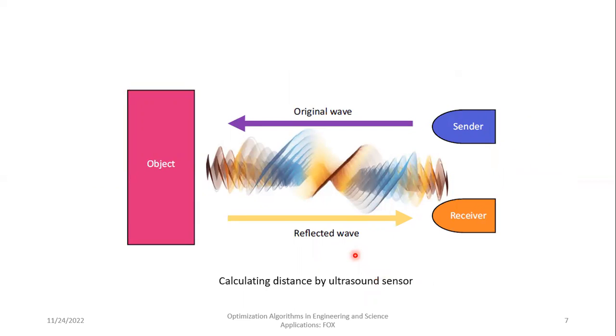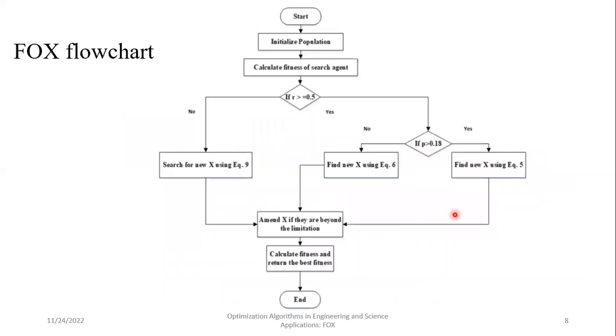This is an analogy of two objects, the prey and the fox: the fox sends ultrasound, it is reflected, and the receiver receives it. This is how we can calculate the distance with the ultrasound sensor.